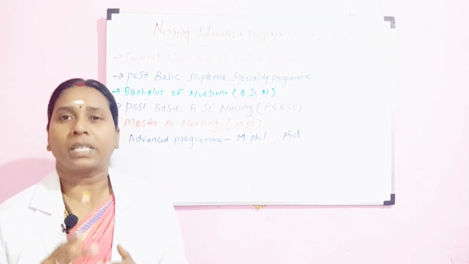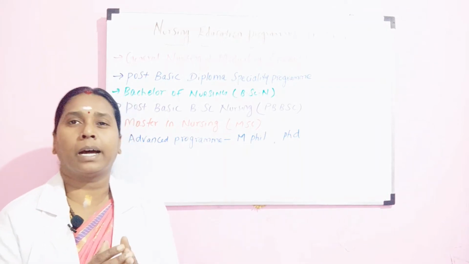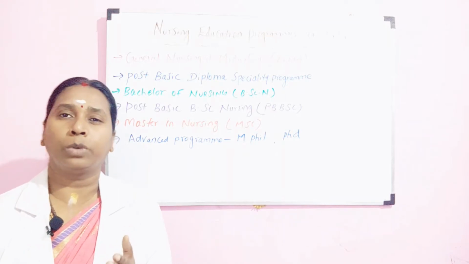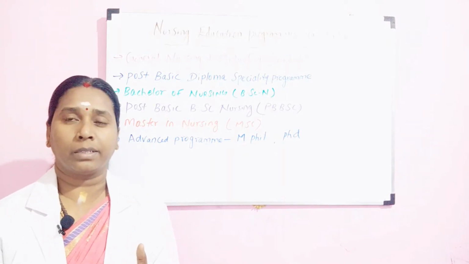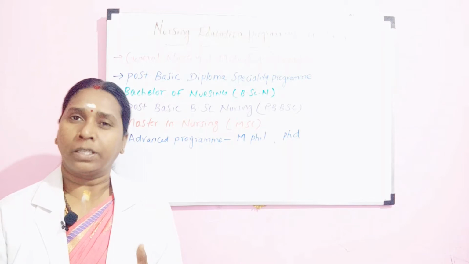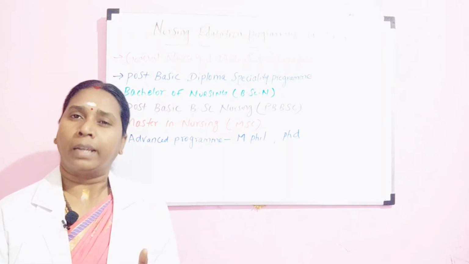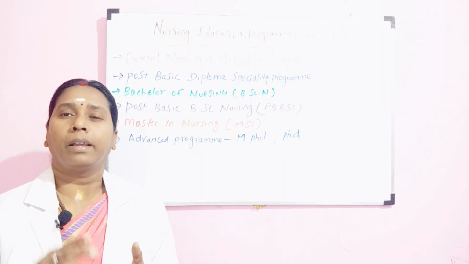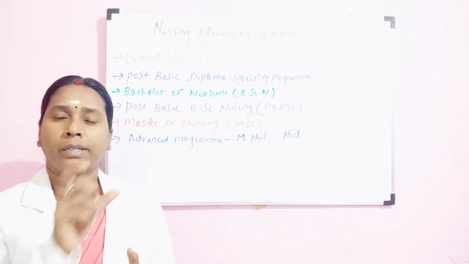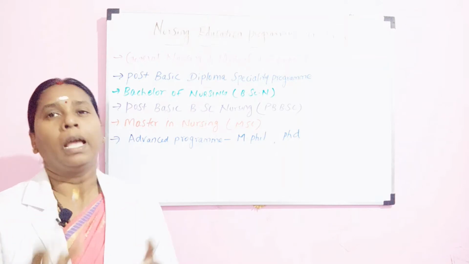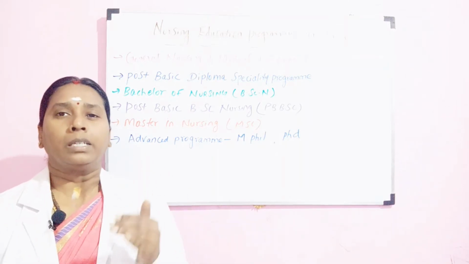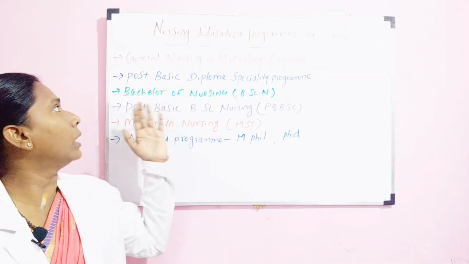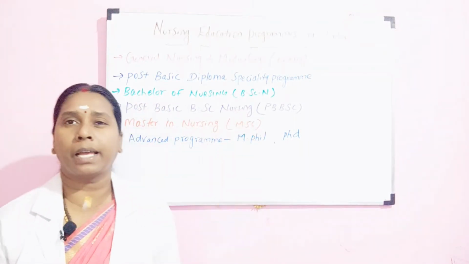These are 1 year programs available, where you can go in for critical care nursing and ICU technicians, then lab technicians and dialysis, and you have many diploma courses available. Once you finish your DGNM you can go in for these specialty courses. That we call the post basic diploma specialty program.